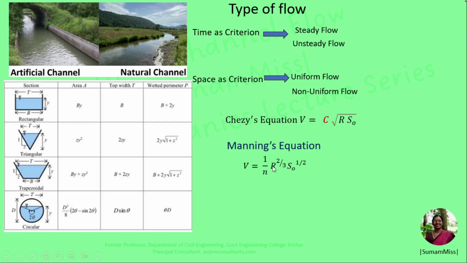R is called hydraulic radius. It is the ratio of cross-sectional area to wetted perimeter, where S naught is the bed slope and N is Manning's roughness, whereas C is Chezy's constant. So this N and C are related to the surface roughness. That means C equal to 1 by N R raised to 1 by 6.